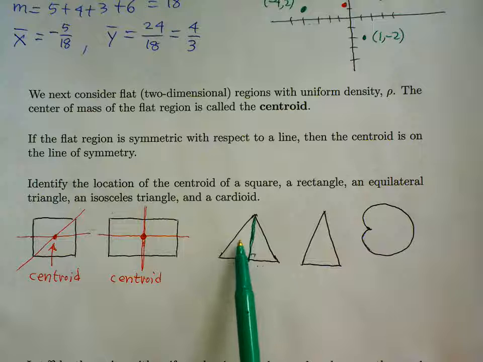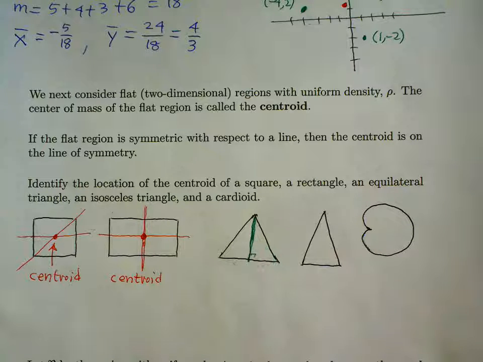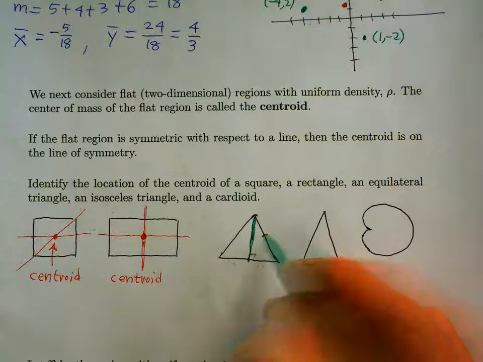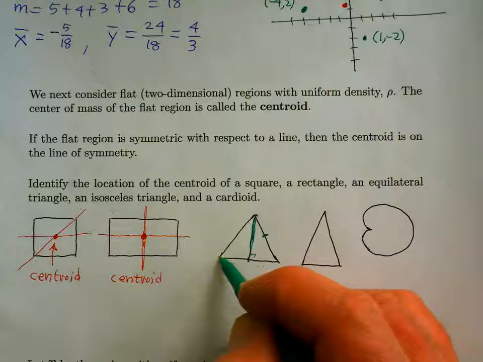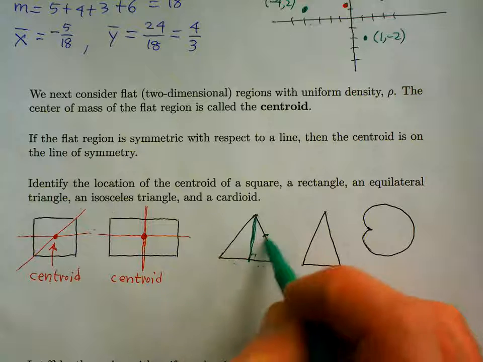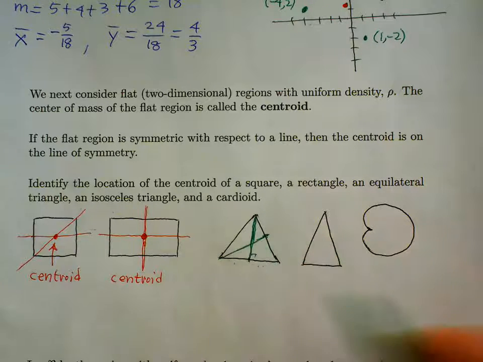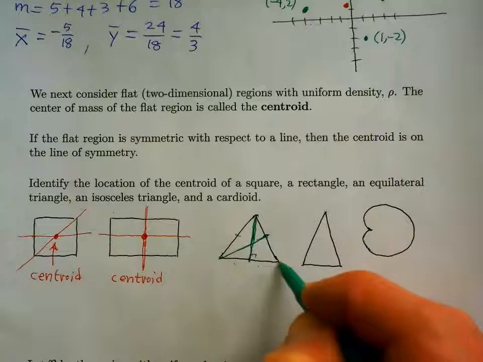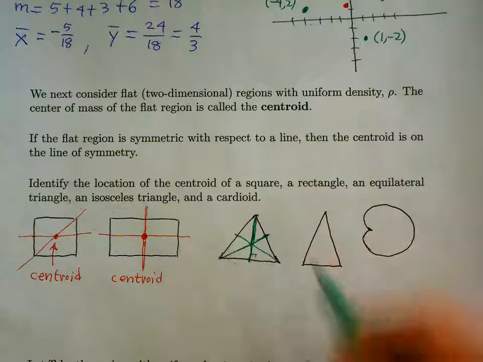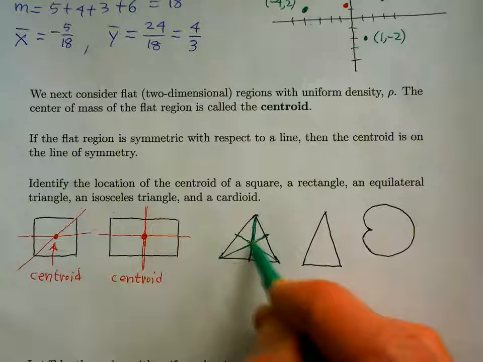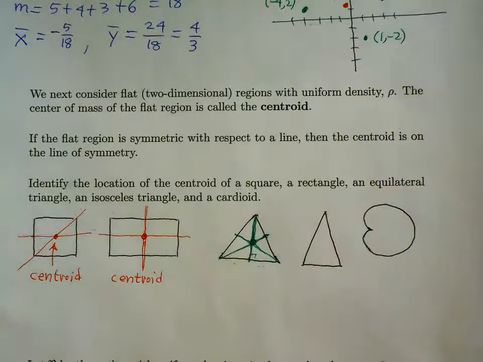So the two triangles are similar, so that's a line of symmetry. But you can do that with each of the other vertices and their opposite sides. And each one of those line segments will intersect at a single point, which is the centroid.